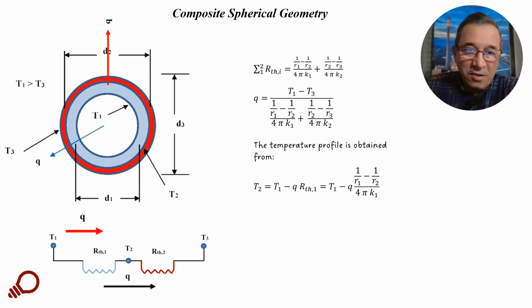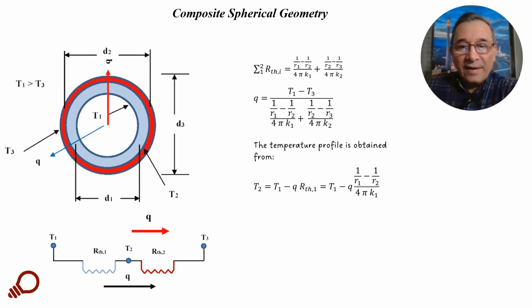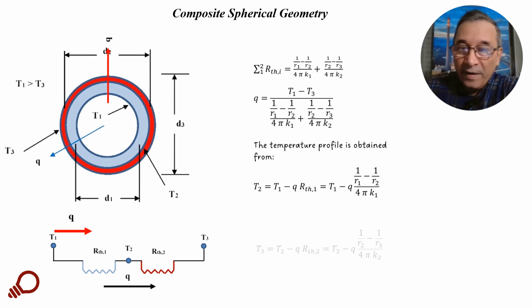For example, T2, which is the interface between the external surface of the sphere and the inner surface of the insulation material, the red one, is expressed as T1 minus Q times R thermal 1, which can be replaced by 1 over R1 minus 1 over R2 divided by 4 pi K1.